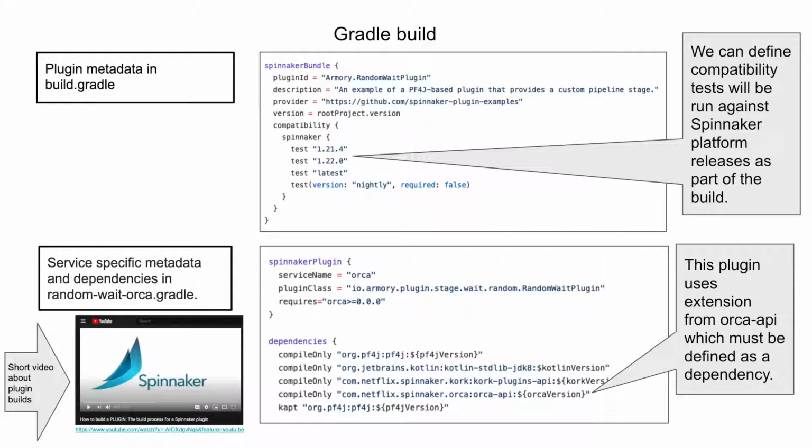At the bottom, you'll see the random weight orca Gradle. This is the Gradle file that's under the orca submodule. And here you can see how this plugin works specifically with orca and the dependencies that the orca component uses. I've also linked in the bottom left to a short video I've made previously that goes more into depth about how the Gradle build works in our plugin projects.